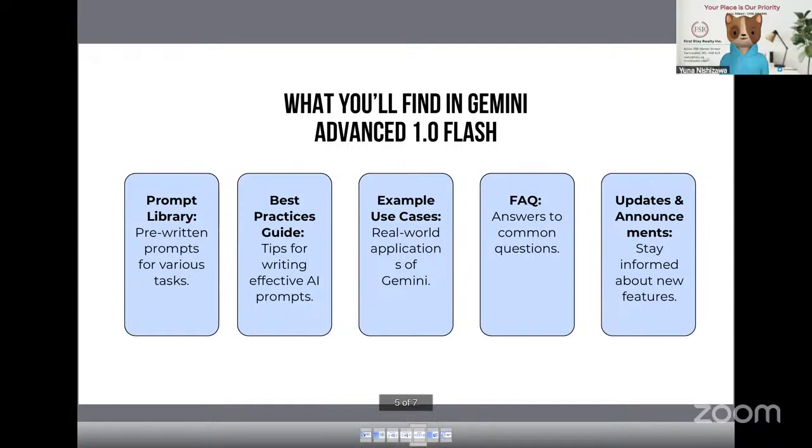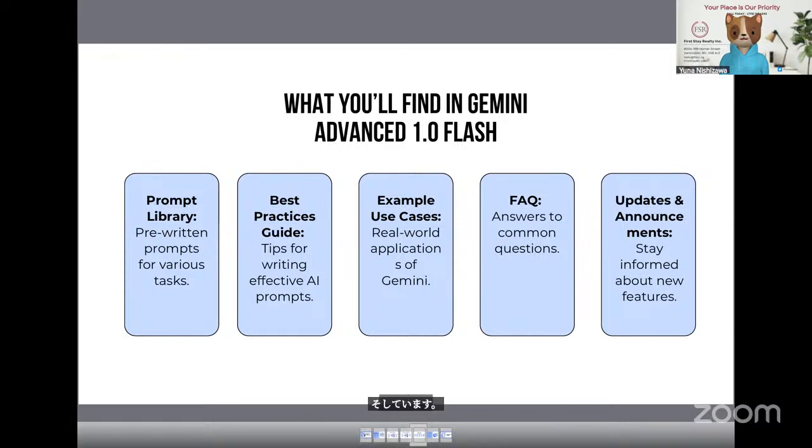And what's inside Gemini Advanced 1.0 Flash? This tool includes a prompt library, which has ready-to-use prompts for various tasks. A best practices guide, with tips for writing effective AI prompts. Example use cases, real-world applications of Gemini AI.